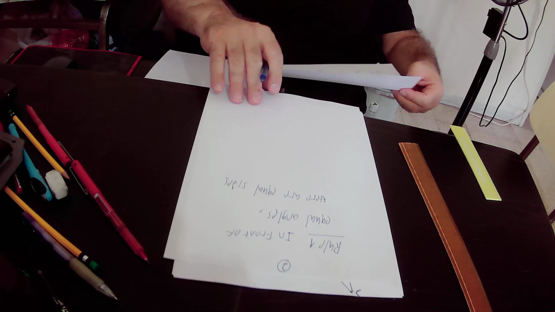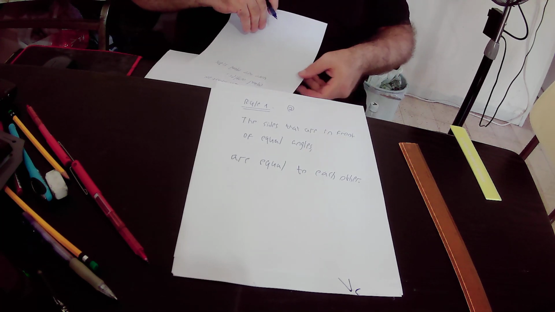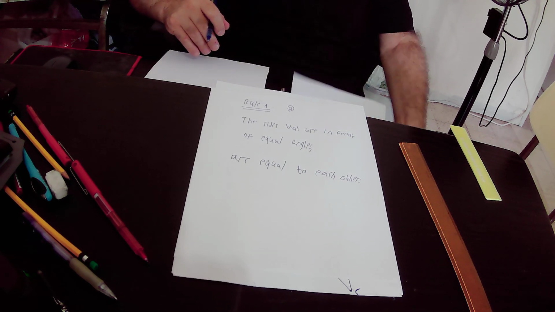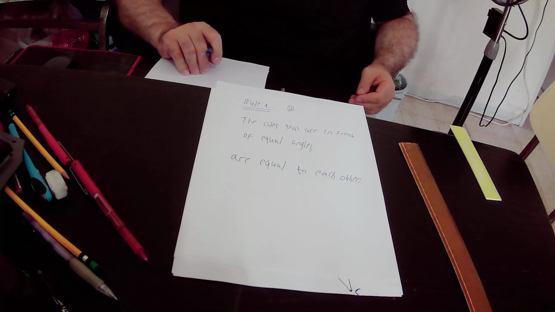Again, rule number 1 states that the sides that are in front of equal angles are equal to each other.